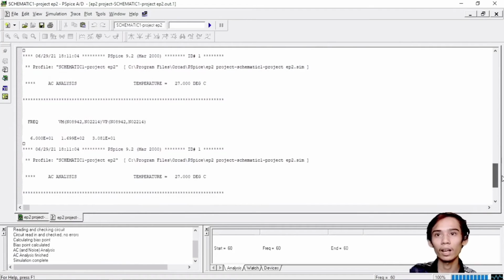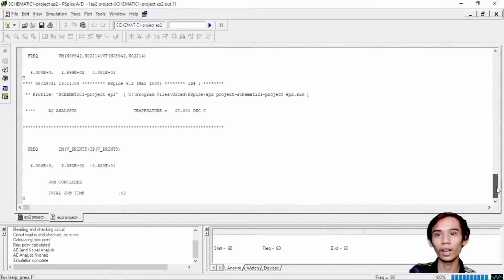Now, this is for the VAB, which we get 169.9 at 330.8 degrees, in volt. That is for VAB, and the next one is for the IAA. We get 2.35 at negative 36.2 degrees ampere. So that's the result for the IAC, VAB and IAA.